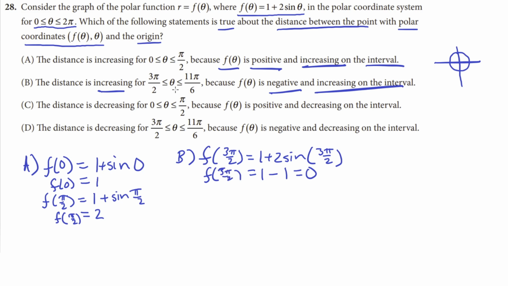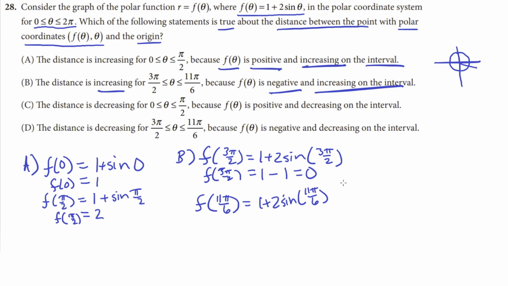And then the other end of the interval is 11 pi by 6. So f of 11 pi by 6 is 1 plus 2 sine 11 pi by 6. 11 pi by 6 is pi by 6 away from theta equals 0.